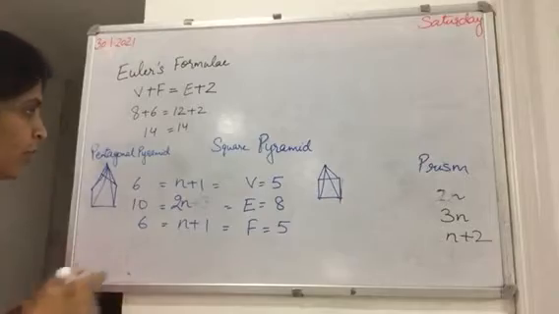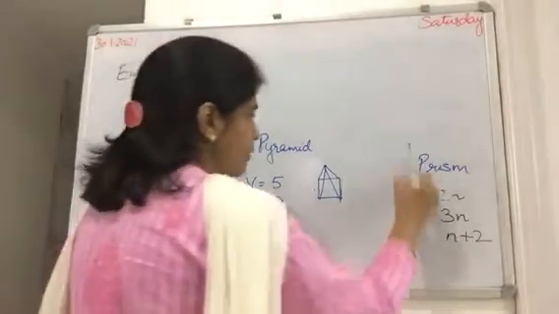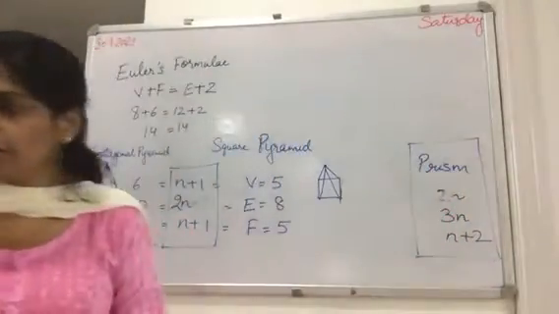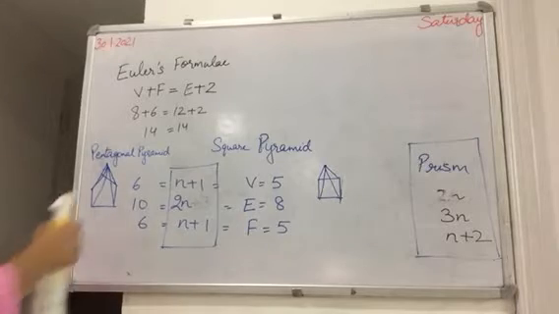So this formula is for pyramid, and this formula is for prism, which I have explained in my previous class.